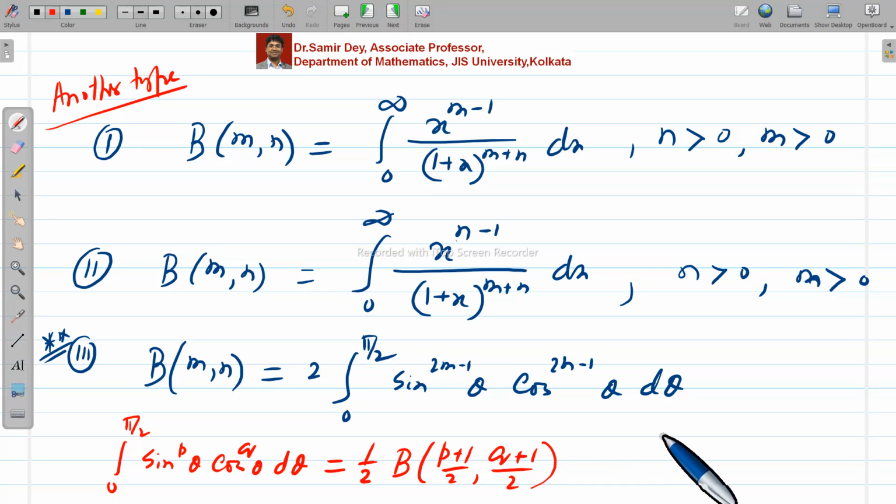This formula comes from putting 2m minus 1 equals p and 2n minus 1 equals q. If you have any question based on sine theta, cos theta, tan theta, this formula is very, very helpful to you. Clear?